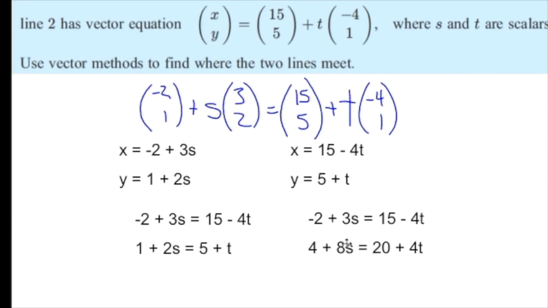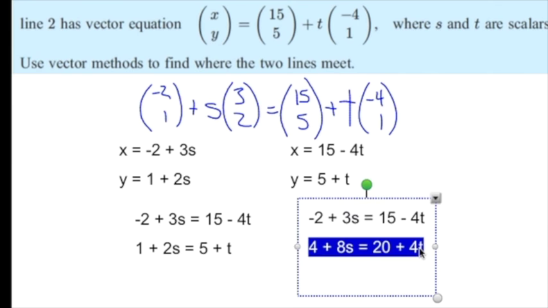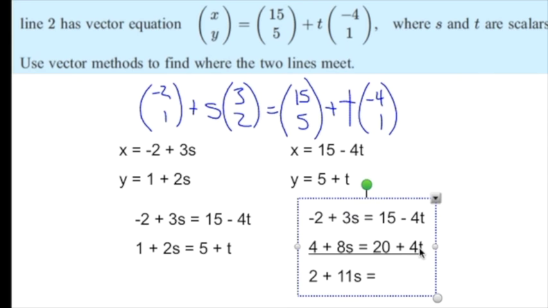Okay, notice I just multiplied the whole second equation by 4, and now I can add those two equations together and I get 2 plus 11s equals 35, which I continue to solve by subtracting 2 and I get 33. So 11s equals 33, which means that s equals 3.